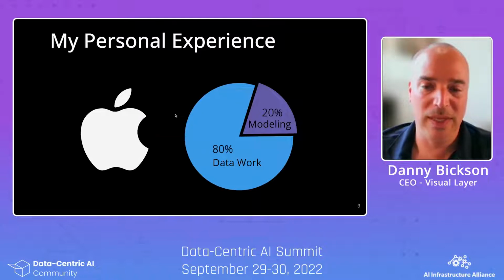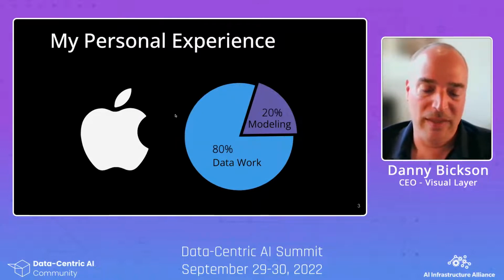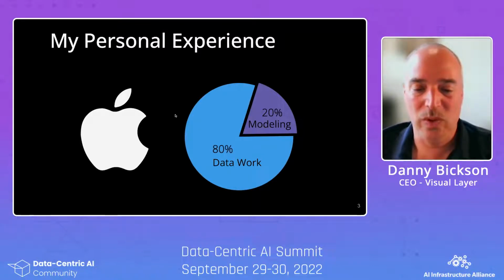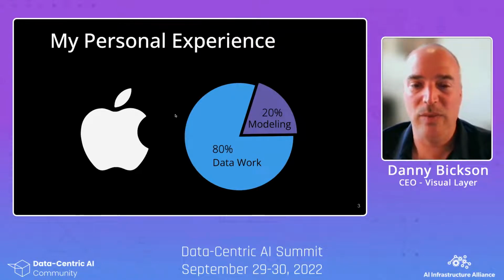Now, from my personal experience, I worked at Apple and I worked on manufacturing. So we had millions of images a day, and I had a 10-person team working on computer vision. And very quickly, we found out that 80% of our time was spent on data issues, and just a small chunk of our time was spent on algorithmic fun issues.